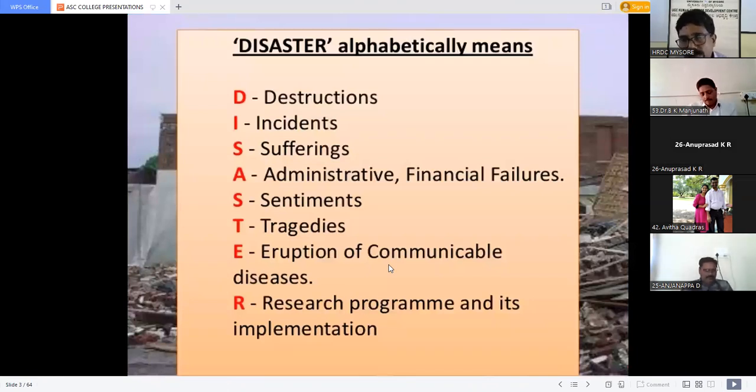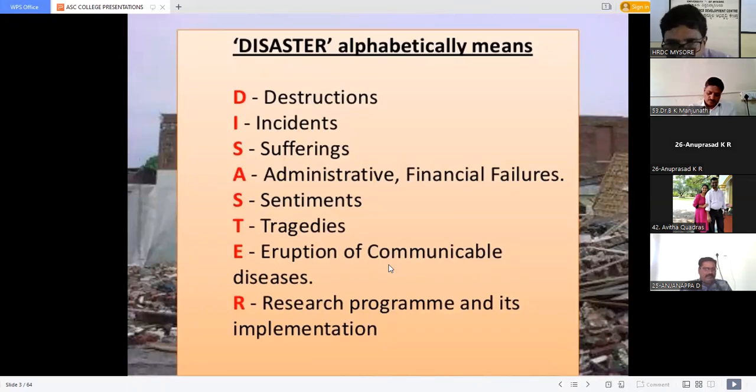Before going into the information about disaster, let us see what the letters stand for alphabetically. D stands for destruction of particular areas, the environment, or the morphology of the boundary or the area of the village. I stands for incidents. S stands for sufferings.